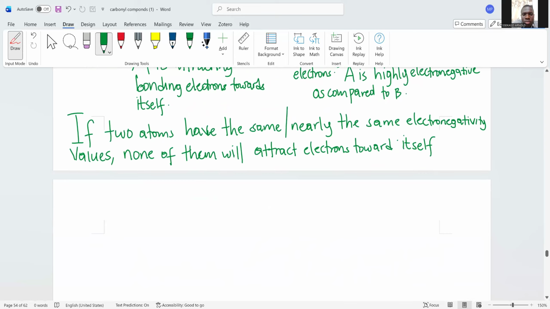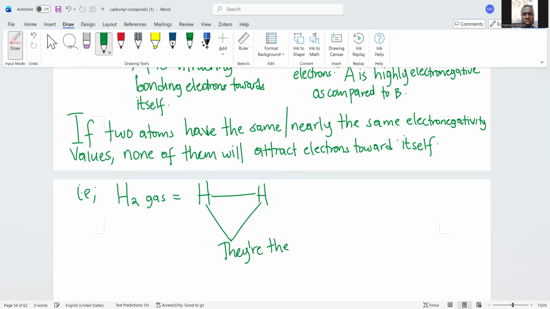For example, hydrogen gas is the same as HH. Are you seeing this HH? Those H's are the same.